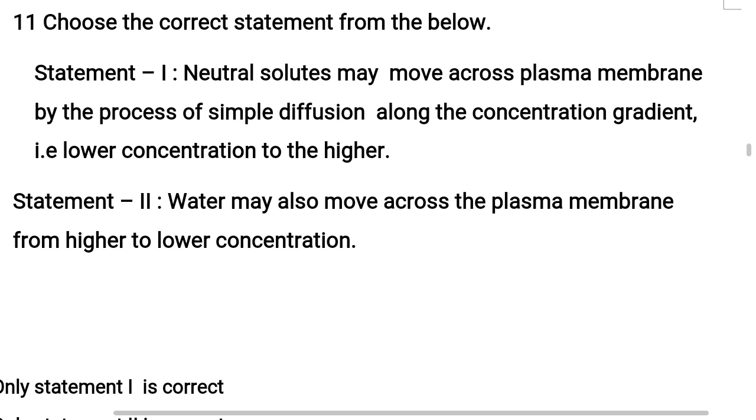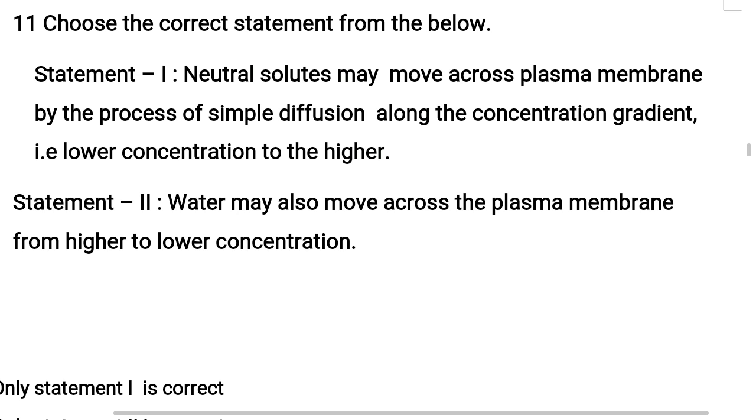Neutral solutes may move across the plasma membrane by the process of simple diffusion. Just now we had a discussion about along the concentration gradient, right? That is lower concentration to higher concentration. This is absolutely wrong. They move from higher concentration to lower concentration, not from lower to higher concentration.